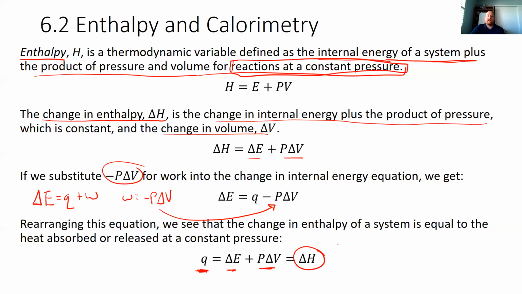So heat is equal to delta H for a system at constant pressure. We're going to consider those things to be largely equivalent.